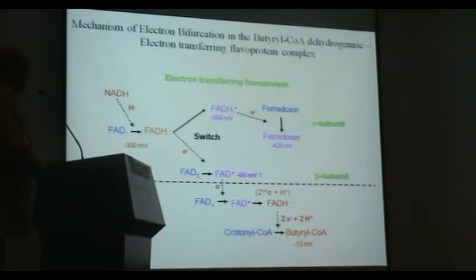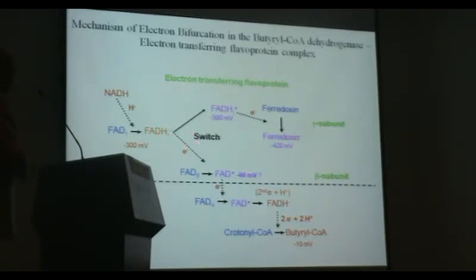As shown in the next slide, the gamma FAD is reduced by NADH, and then one electron goes to the more positive FAD beta, which is similar to flavodoxin, therefore comes this redox potential, and the other electron remains.